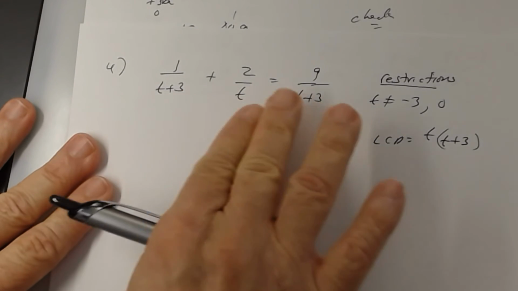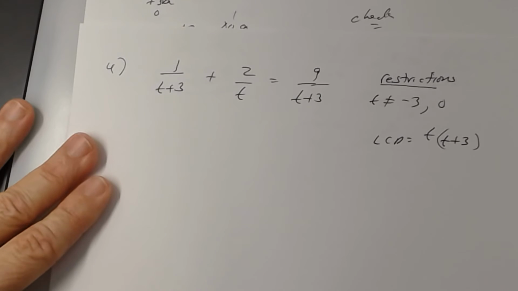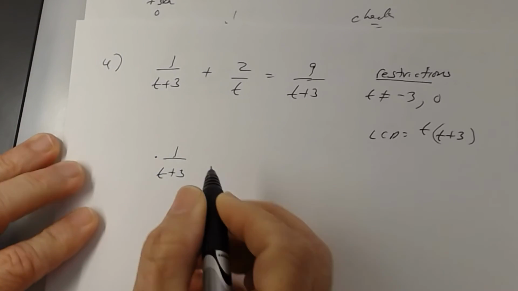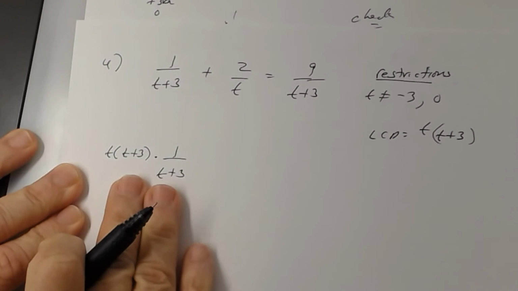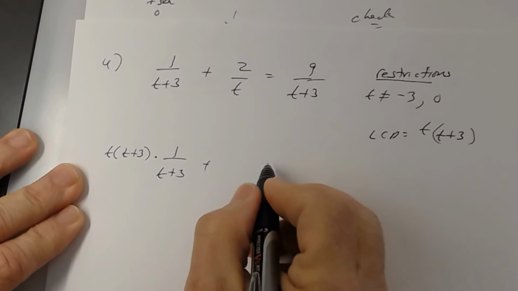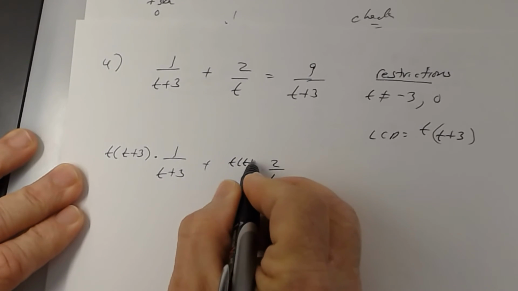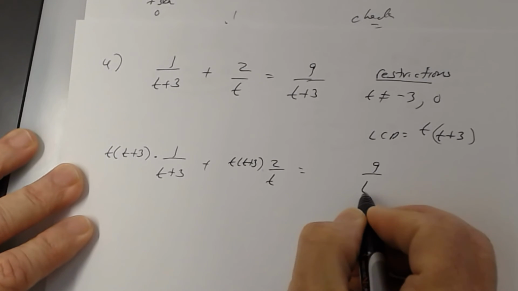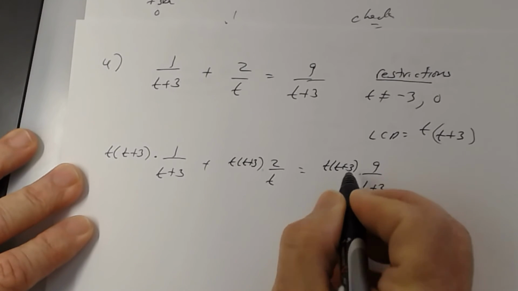So all of those three fractions have to be multiplied by the LCD. So you're going to say 1 divided by t plus 3 times the LCD, plus 2 divided by t times the LCD, equals 9 divided by t plus 3 times the LCD.